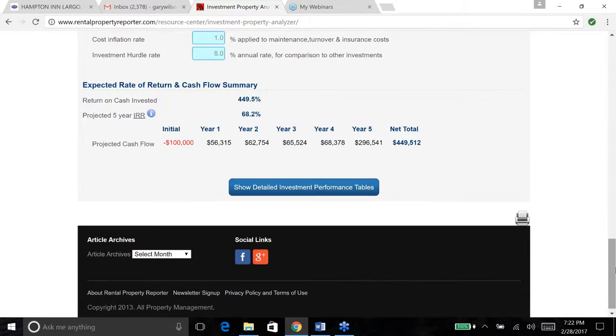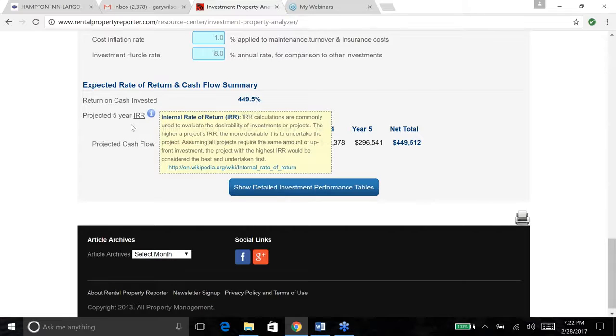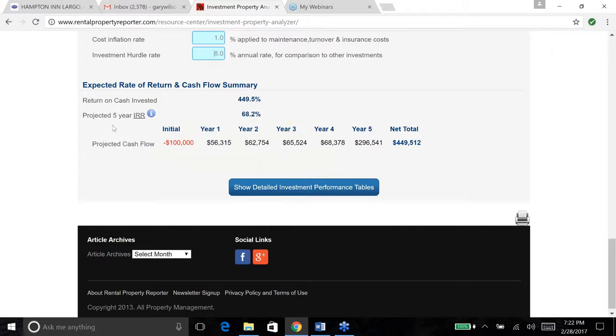Expected rate of return and cash flow summary. This is a summary. So at the end of the day, after 5 years, the projected 5-year internal rate of return is 68.2%. Return on cash invested, in other words, you put down $100,000, you're going to get a lot more than that in return. You're going to get back in 5 years all of your money plus some.